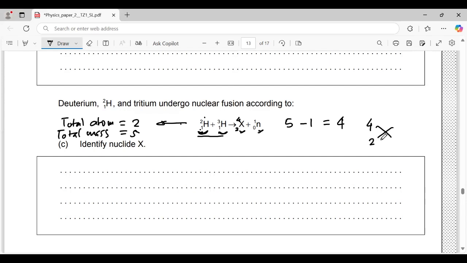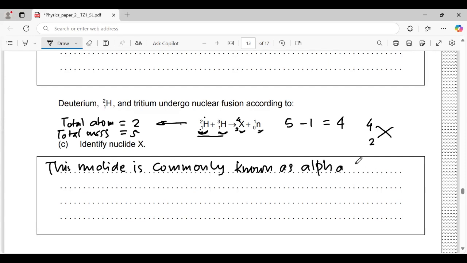Helium with mass number 4 is commonly known as an alpha particle.